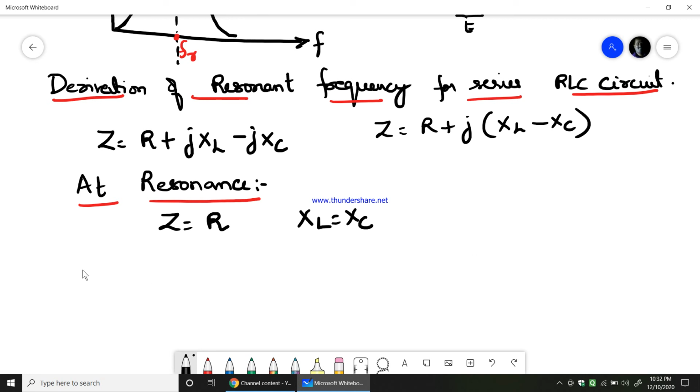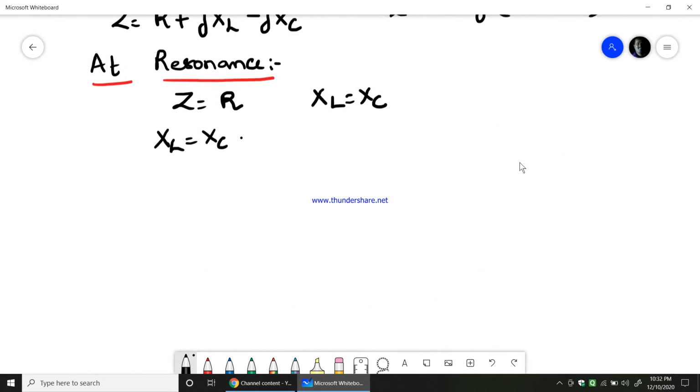So therefore, at resonance XL is equal to XC. Now if I write XL and XC in terms of frequency, XL would be equal to omega L, whereas XC is equal to 1 over omega C. Therefore, I can easily say that omega square equals 1 over LC.